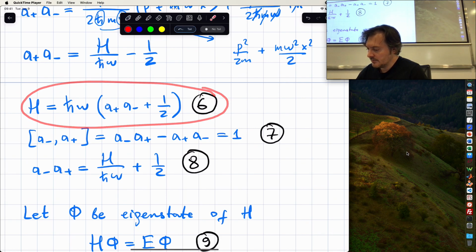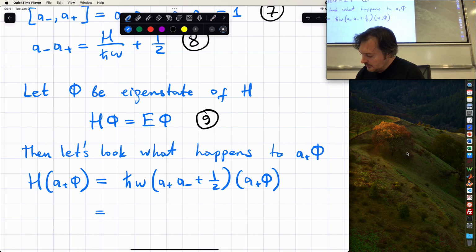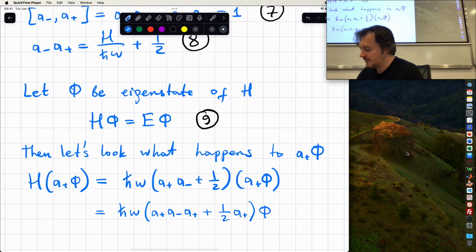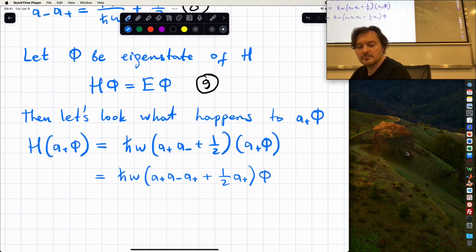Do you agree that this is h bar omega times A plus A minus A plus plus 1/2 A plus? Did I do anything wrong here? Just distributing this over here.